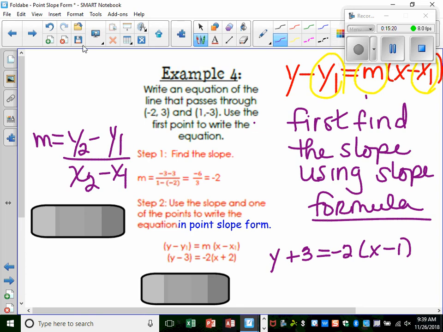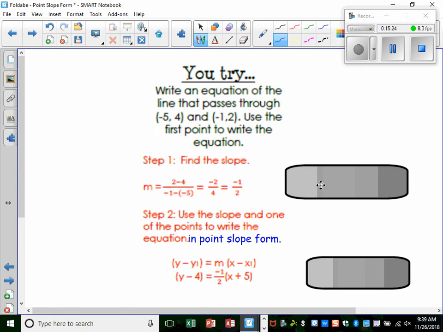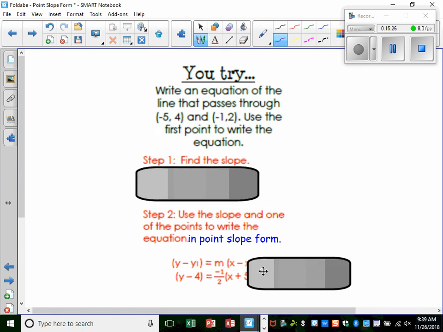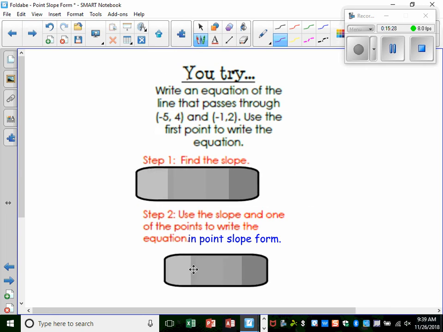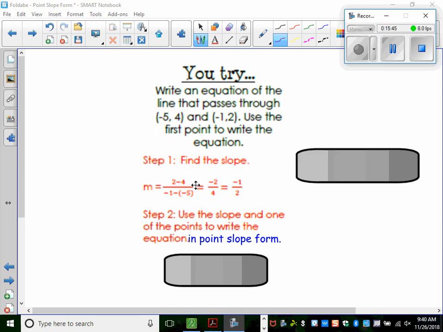All right, so there's a You Try on the next page. So go ahead and try this one. The first thing you're going to do is use your slope formula to find the slope. Then I want you to put both of these points in point slope form. So I'll pause this again. We should have 2 minus 4 at the top, -1 plus 4 at the bottom.